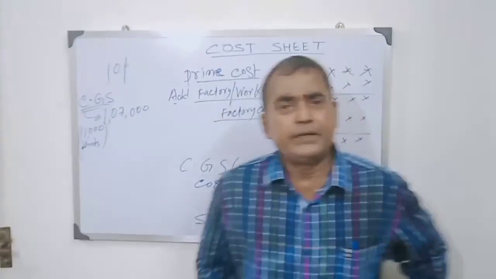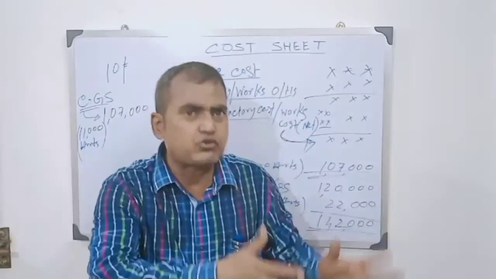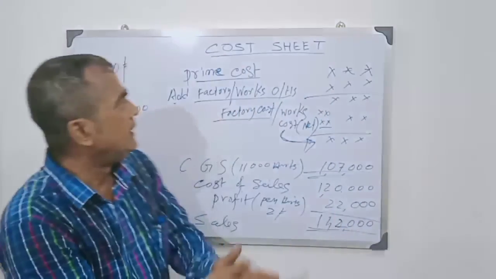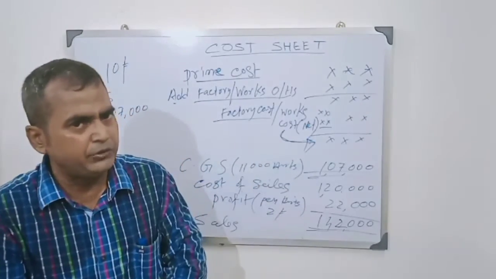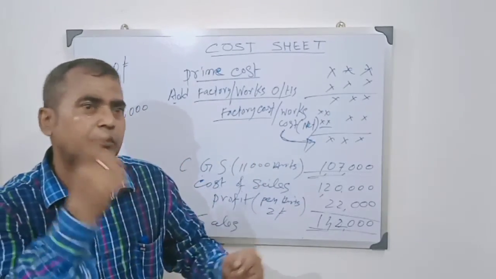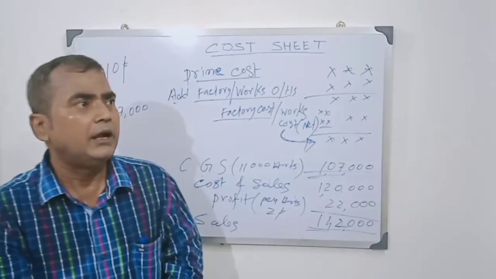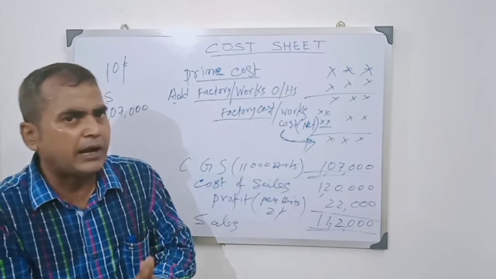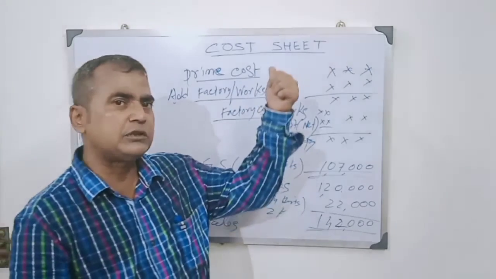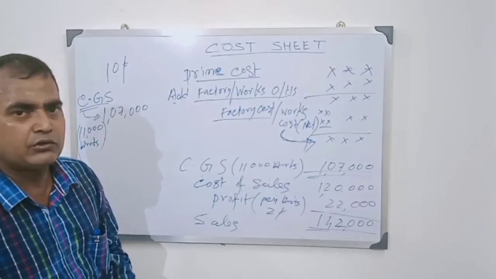So my dear students, the cost sheet is to be understood. Brainstorm the facts and try to simplify, every time for the item you find, work out under which head it should come, and where we make the adjustment of WIP: at prime cost level, at works cost level, factory cost.